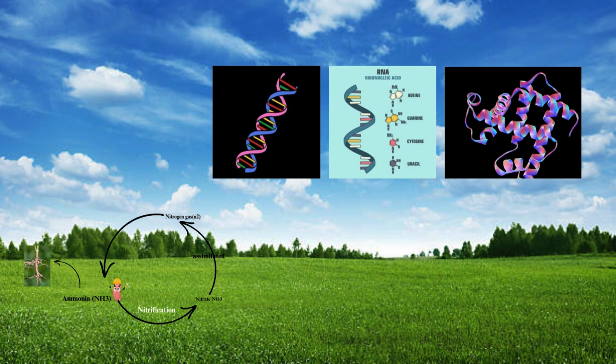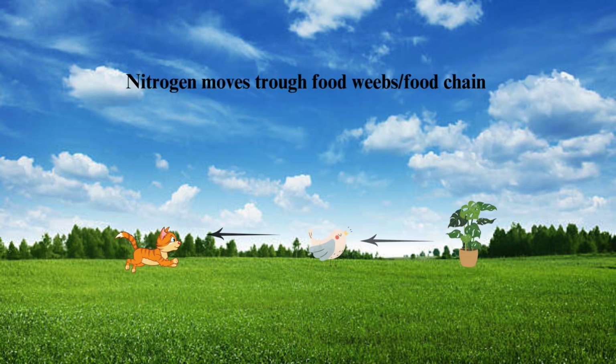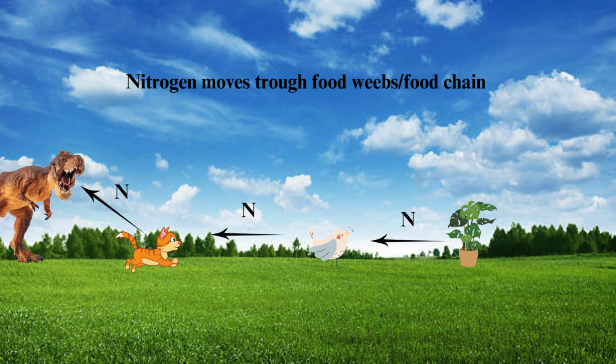Once nitrogen is inside of plants and used to build biomolecules, it can pass to other living things through food webs. When an animal eats the plant, the nitrogen containing compounds in the plants move to the animal. When that animal gets eaten, nitrogen moves to another predator, and so on.